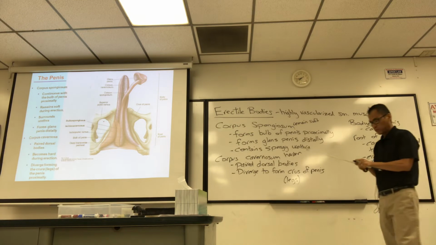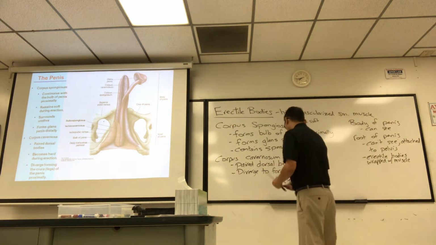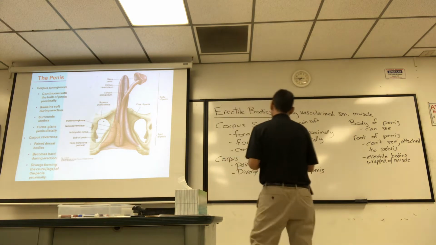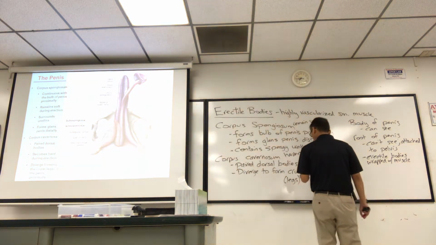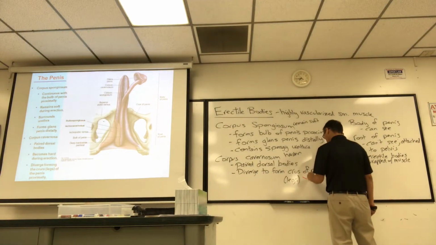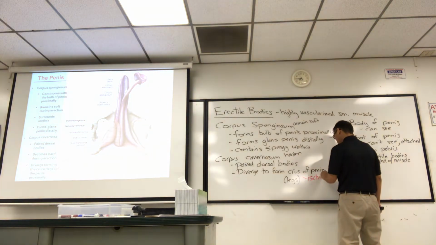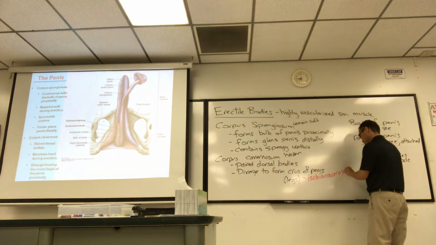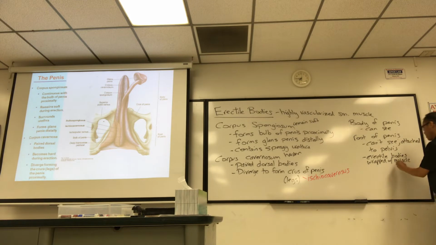So I'll name the muscles as ischiocavernosus and the bulbospongiosus. The crura are covered with ischiocavernosus. So when I say muscle, that's a muscle. And then the bulb of the penis, that's covered with the bulbospongiosus, which I had mentioned before.